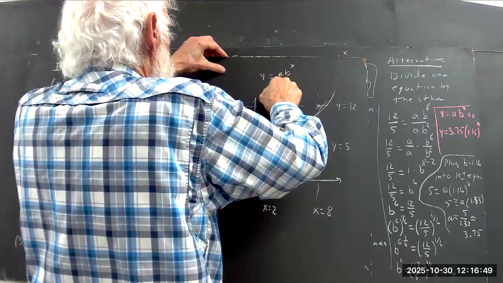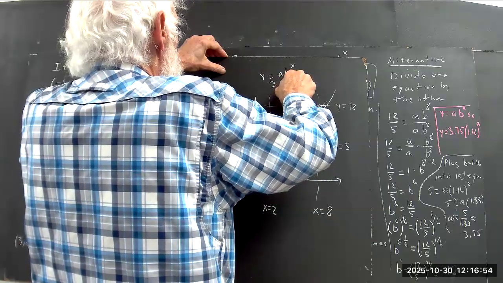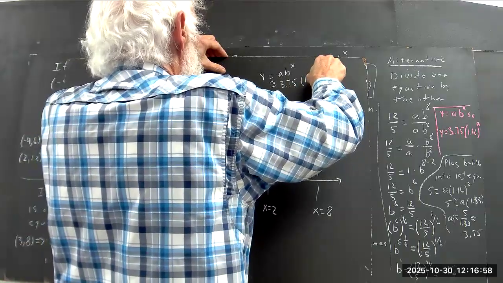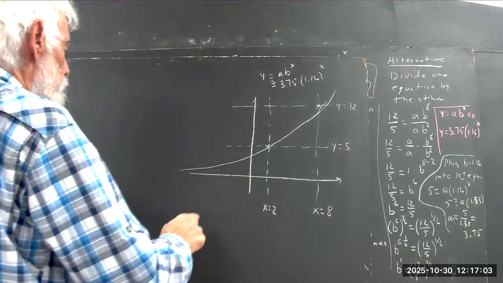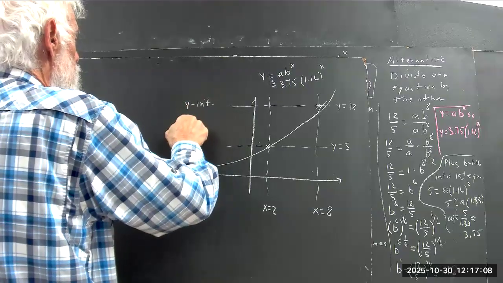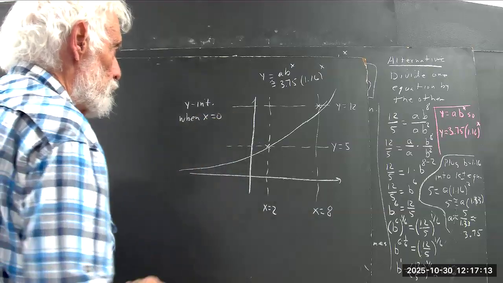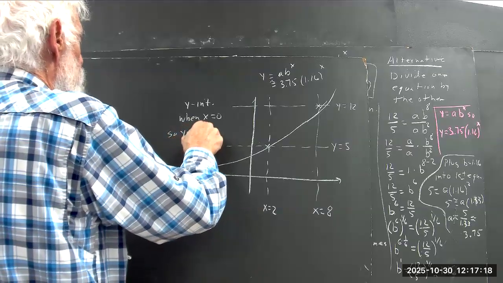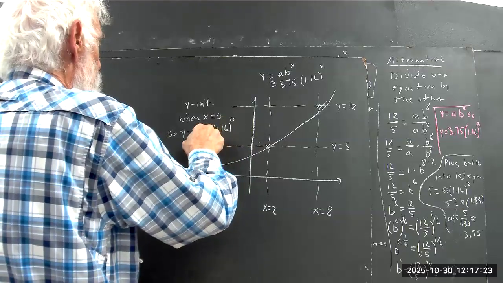And this model is y equals ab to the x, which is approximately 3.75 times 1.16 to the x. The y-intercept occurs when x equals 0, so y would be 3.75 times 1.16 to the 0.